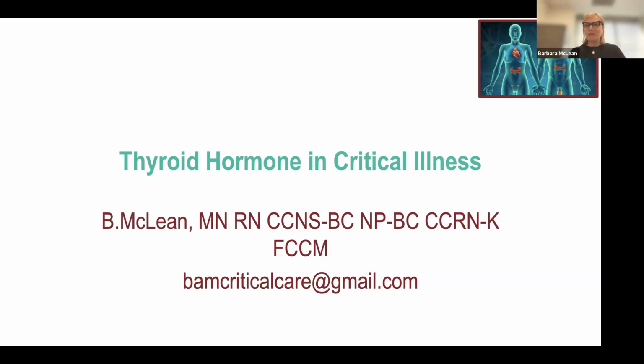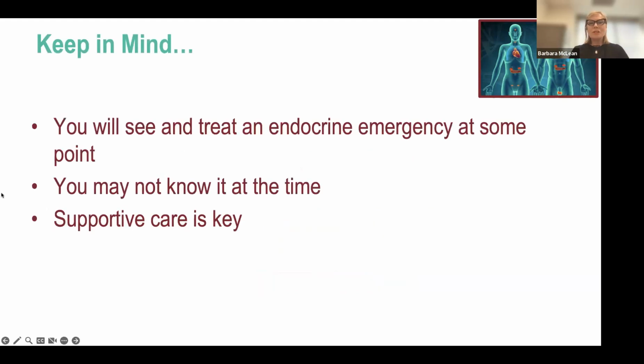Keep in mind that you will always see endocrine emergencies at some point. And actually, you probably see them a lot more than you realize. You probably see them almost every day in your critically ill population.